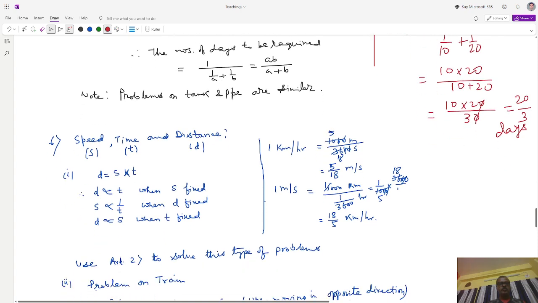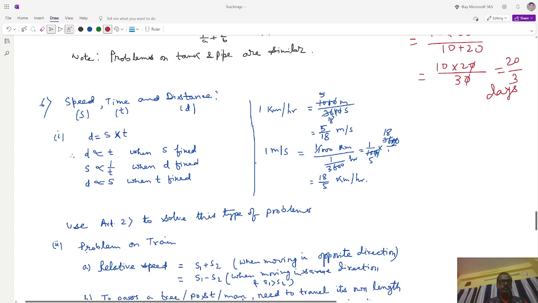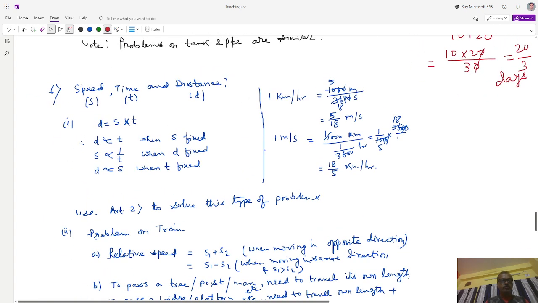Now, speed, time, and distance problems. We all know that distance equals speed into time.